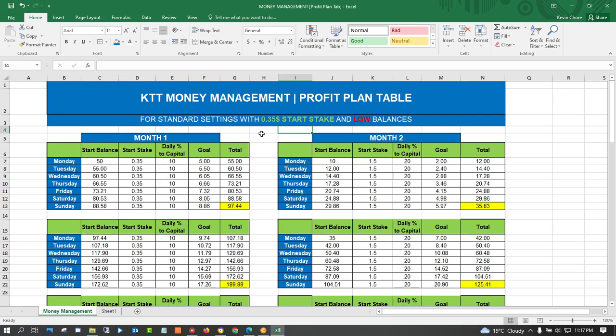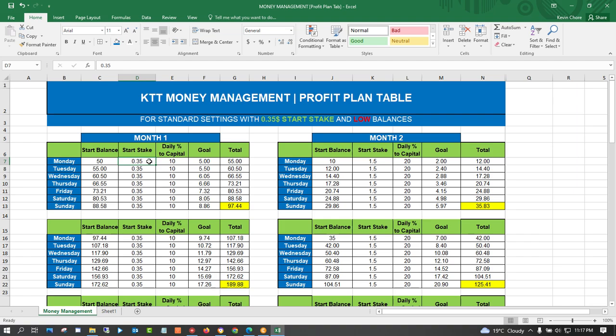So first of all, if you have a balance of $50, make sure that your stake is not more than 0.35. This is the lowest stake that you can make.